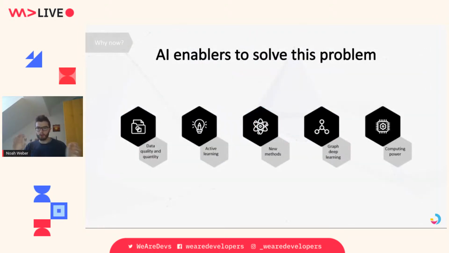And now concluding, what were some of the other AI enablers that we managed to solve or tackle this problem more efficiently? We talked about the data quantity and quality.